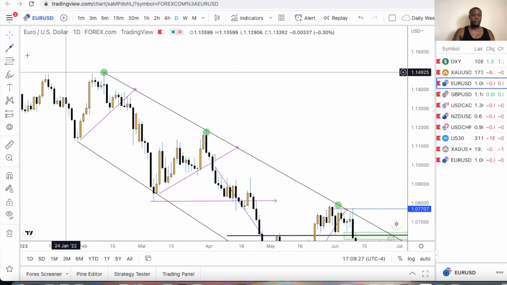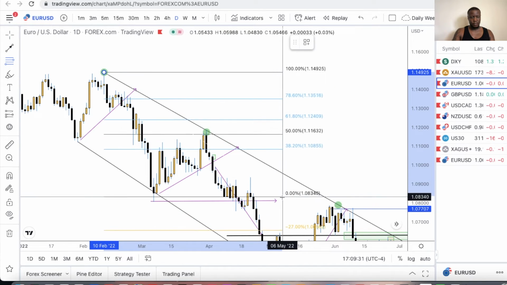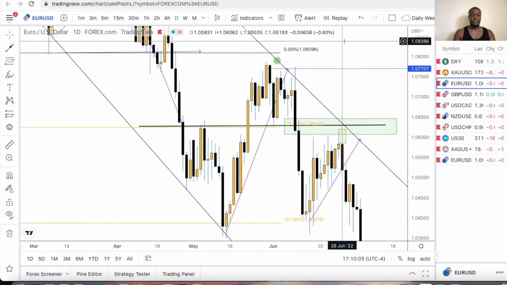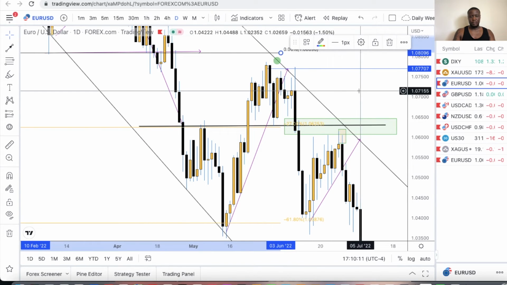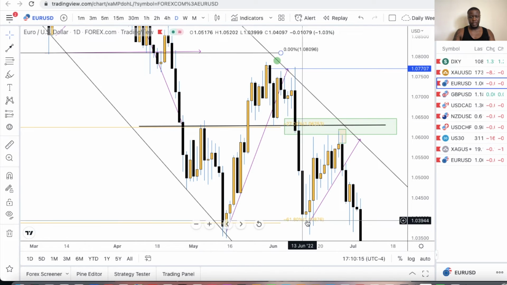You exit right here, or if you want, throw a Fibonacci on there. So you can exit at the negative 27 or the negative 61.8 retracement levels. And as you can see, this one did hit it to the T, and then it retraced back up.